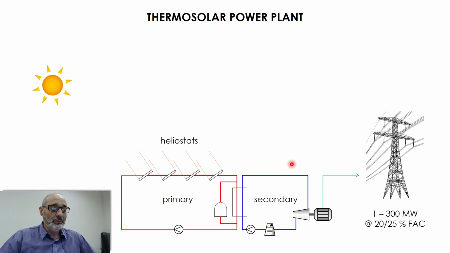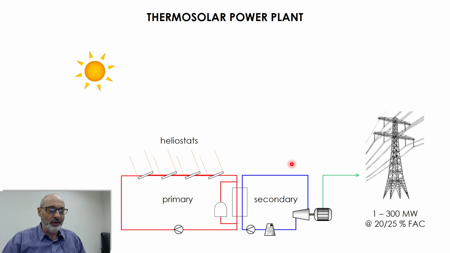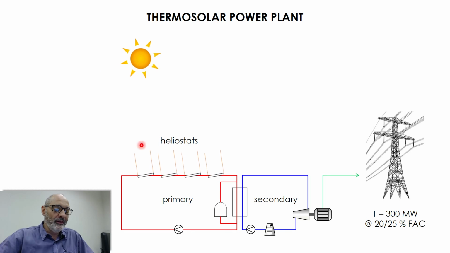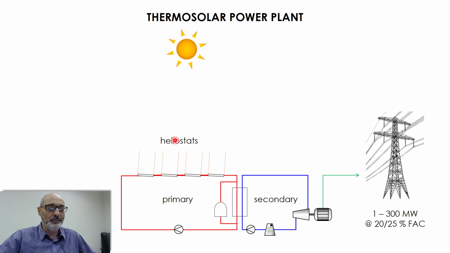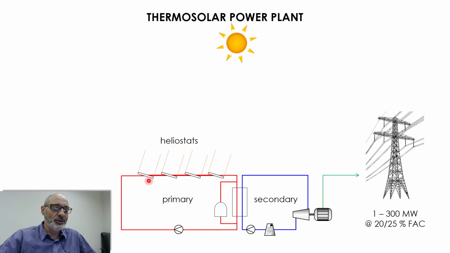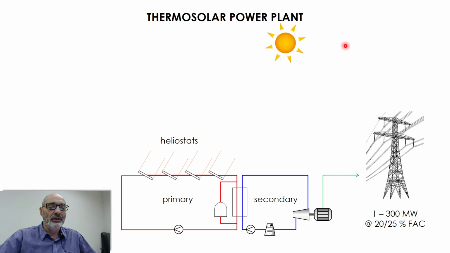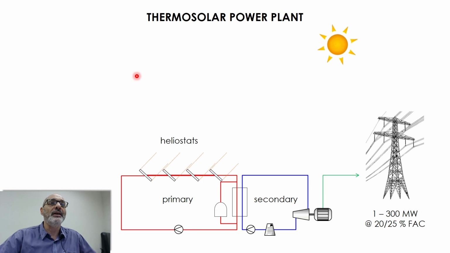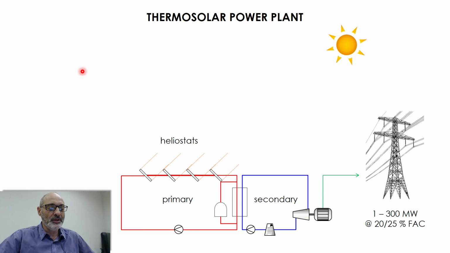Okay, so in terms of its architecture, we have a primary cycle possibly with heliostats, which somehow follow the sun on the sky. So that's why we need celestial mechanics for this subject, because we need to know where the sun is going to be at a given time, at a given day.